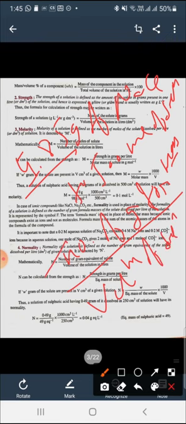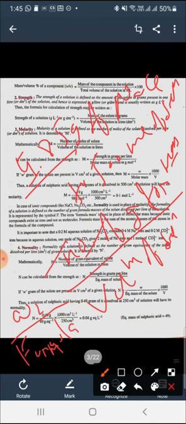Here number of gram formula masses is equal to given mass, written as W2, upon formula mass. In molarity, number of moles is equal to given mass upon molecular mass. Here number of gram formula masses is equal to given mass upon formula mass.